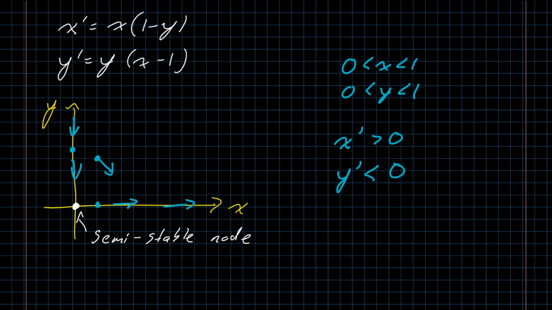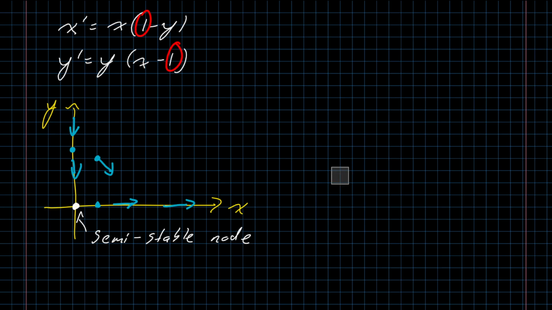But what if we were actually bigger than 1? And I guess I should mention, why did I think 1? Well, because 1 is an interesting value here. I just realized that I never wrote this down, but let's backtrack a little bit.